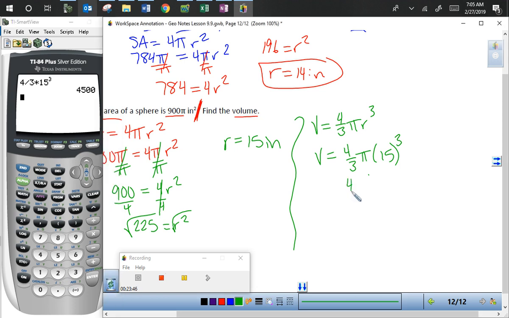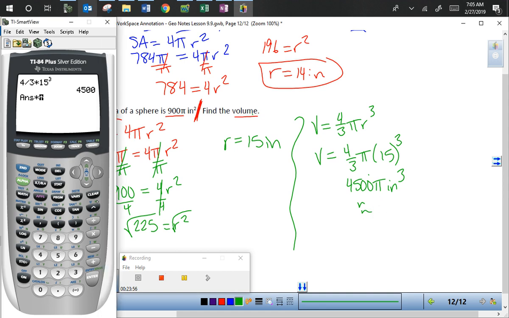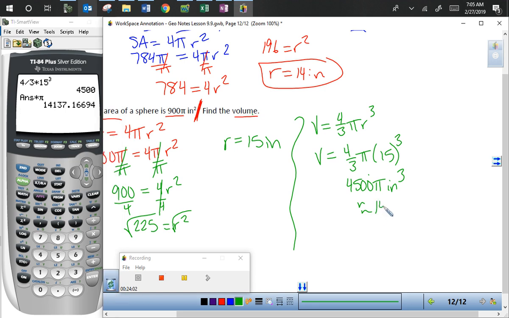So that is 4,500. Pi comes down, and our label for volume will be inches cubed. The approximate version of that, if we multiply it by pi in our calculator, comes out to be 14,137.2 inches cubed.